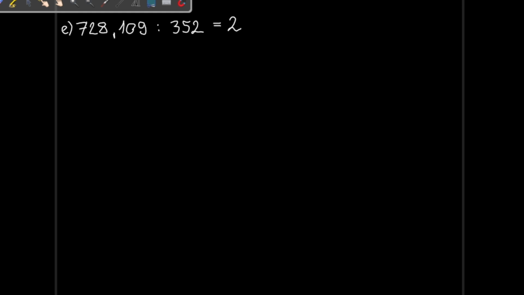Now, what remains is the question. We know that 2 times 352 is 704. Maybe let me write it on the side. 704. Now the remaining part is 420, so 24. Alright, great.